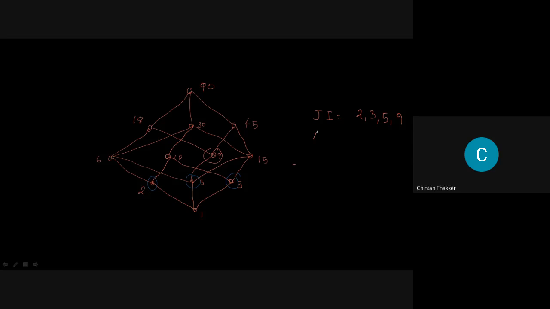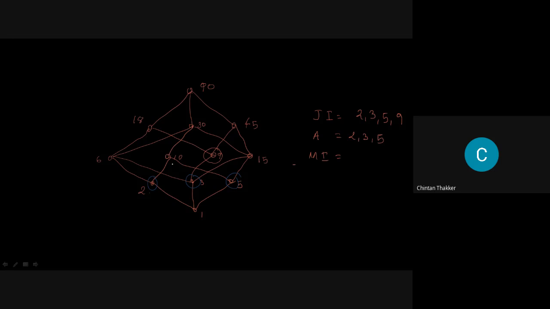Then atoms are, from this, 2, 3 and 5, which are covers of 1. So these are the atoms. Then meet irreducible elements. At 18 we have only one line coming from upside, 30 one line, 45 one line, 6 two lines, at 10 only one line, at 9 two lines, at 15 again two lines, and similarly 2, 3 and 5 two lines.